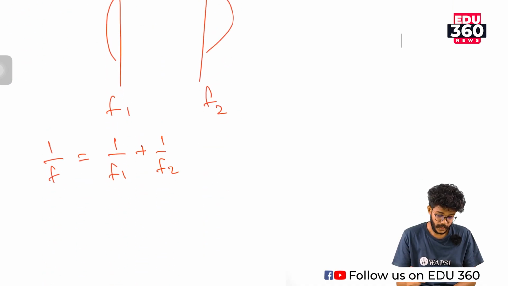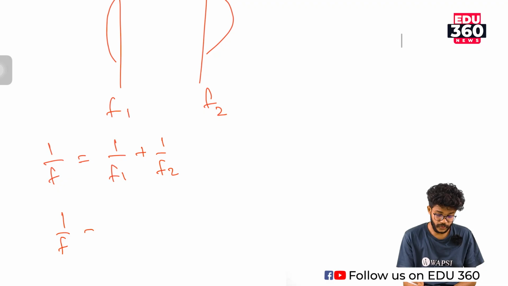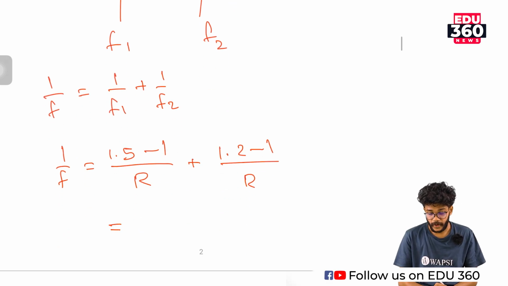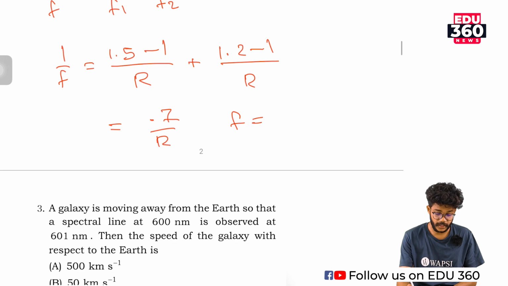Okay, so n2 is 1.5. So 1 by f is equal to 1.5 minus 1 by R plus 1.2 minus 1 by R, which is equal to 0.5 and 0.2, 0.7 by R. So focal length is equal to R by 0.7.